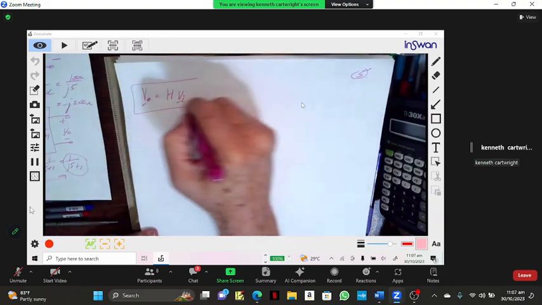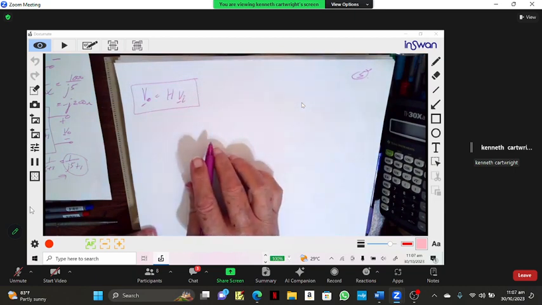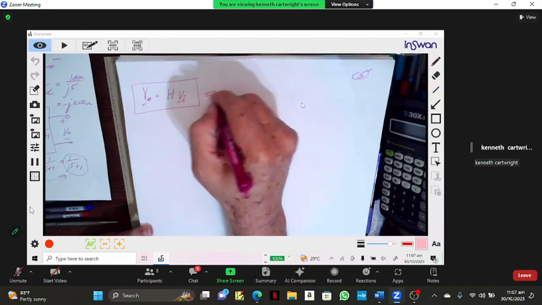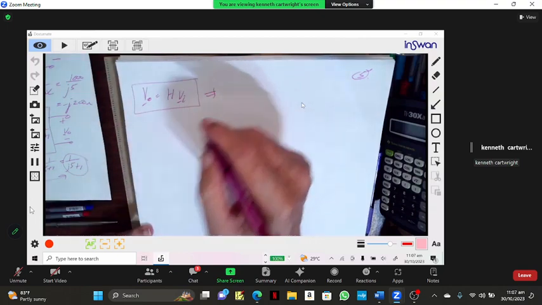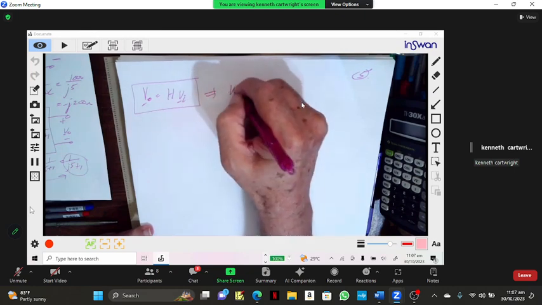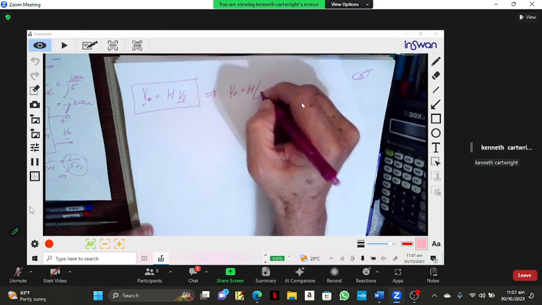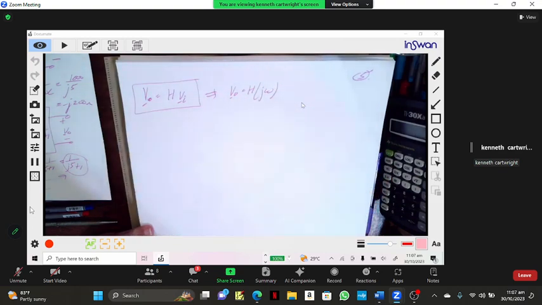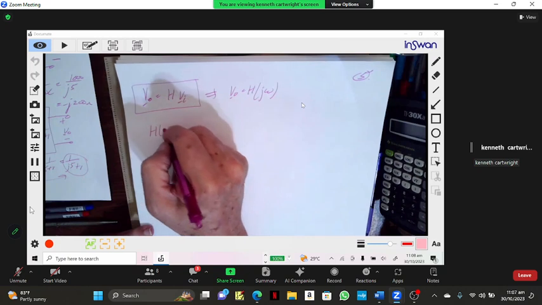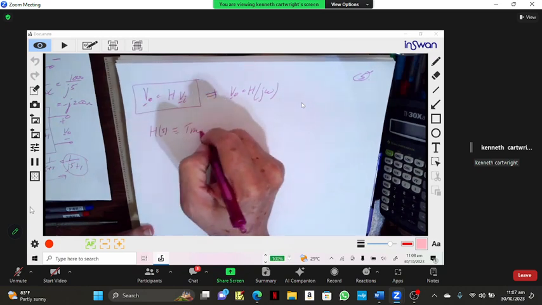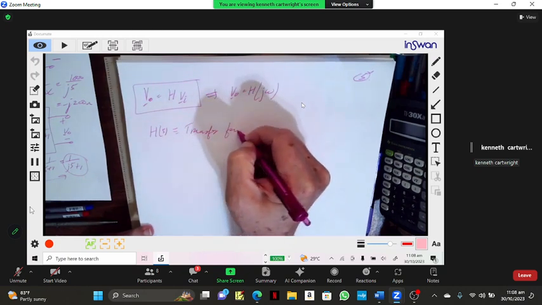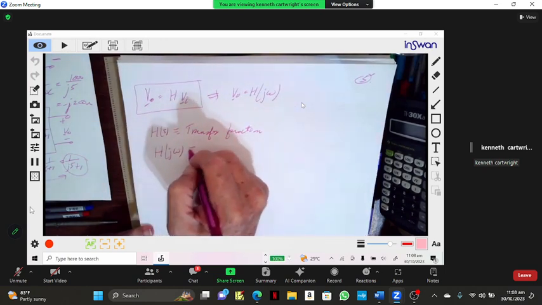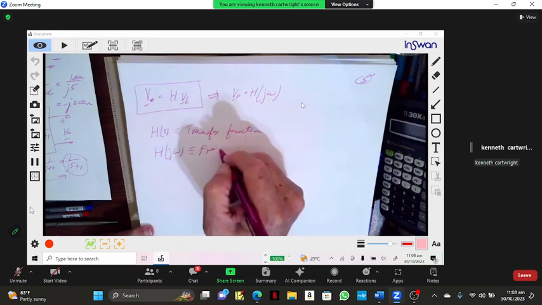That's the key thing. In 320 and 235 and 120, this is V out equals H of j omega. H of s is the transfer function. H of j omega is the frequency response.